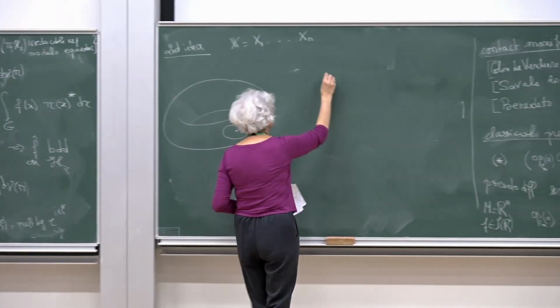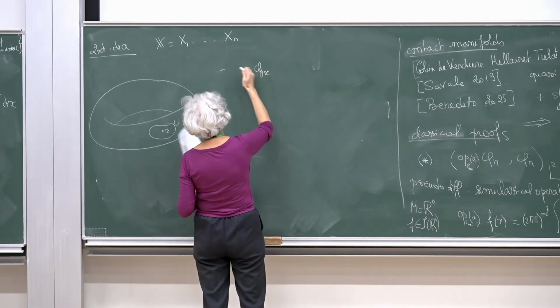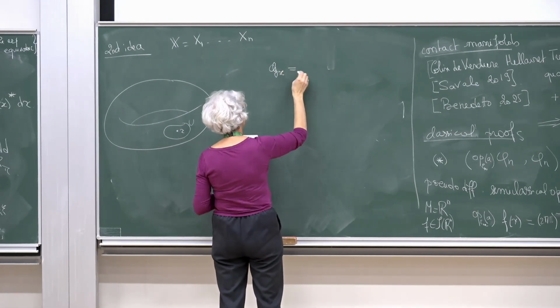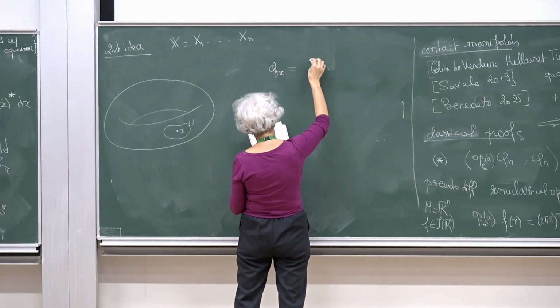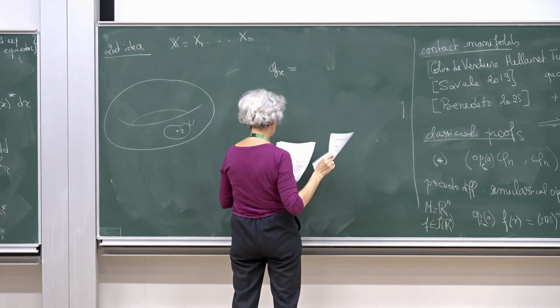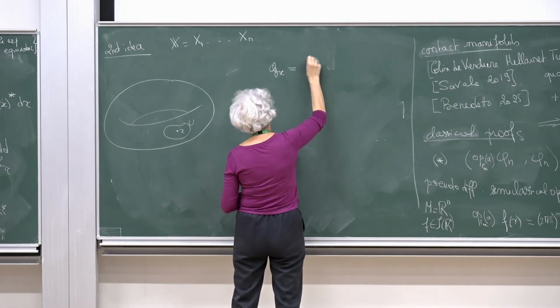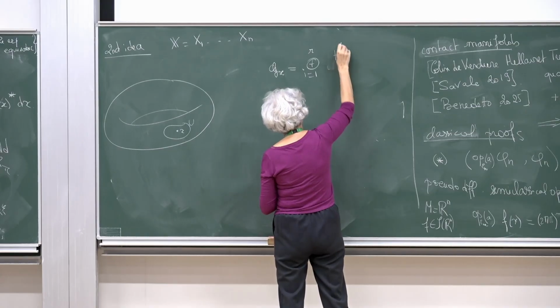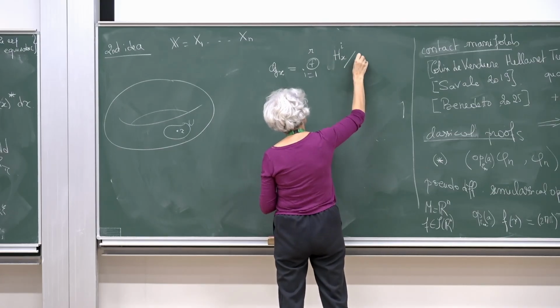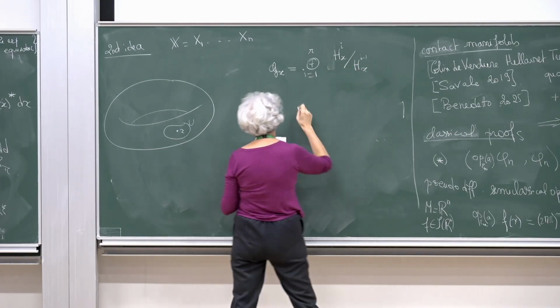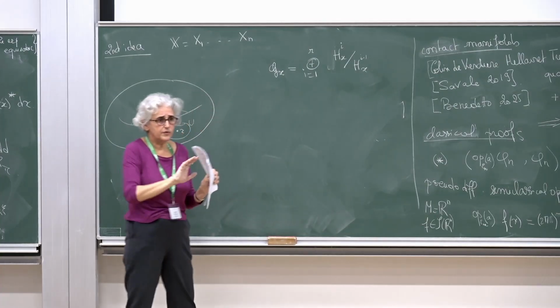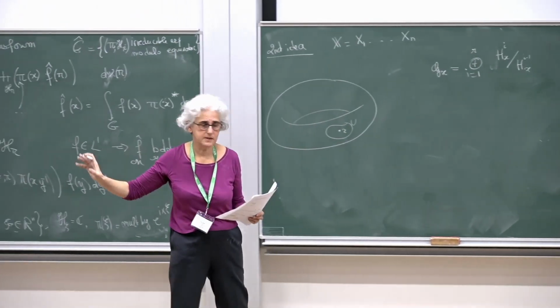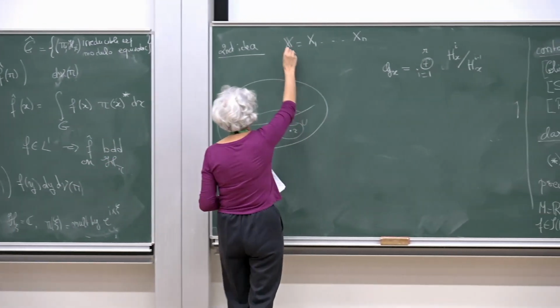As soon as I have this frame, I associate... even without the frame, I define a Lie algebra just by taking the quotient of my H_i x by H_{i-1} x. So now you have taken your pieces piece by piece, and with this frame you associate.